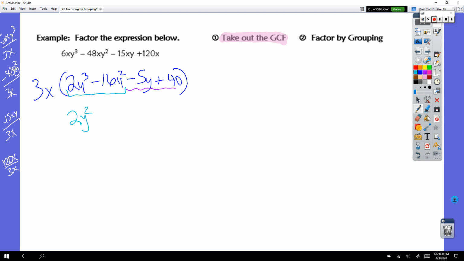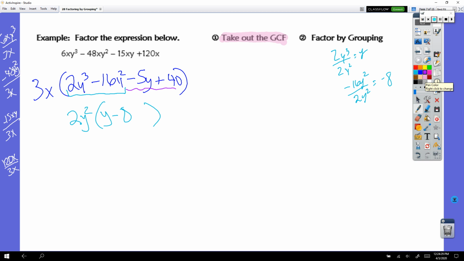It's y, and the smallest exponent is a 2. So I'm going to divide out 2y squared. I'm thinking 2y cubed divided by 2y squared, and I'm going to have a y left over. Then negative 16y squared divided by 2y squared is going to be a negative 8.